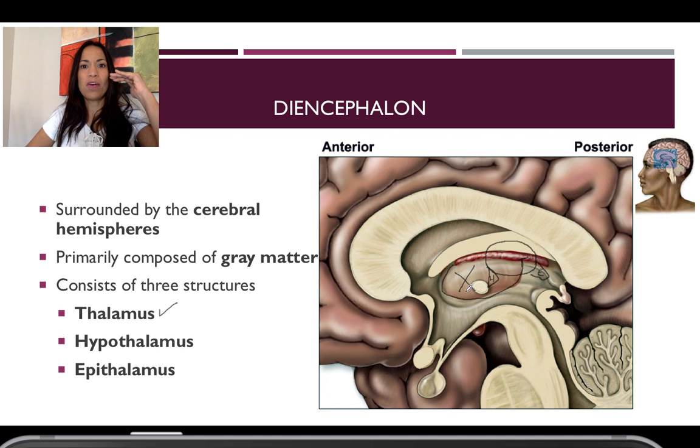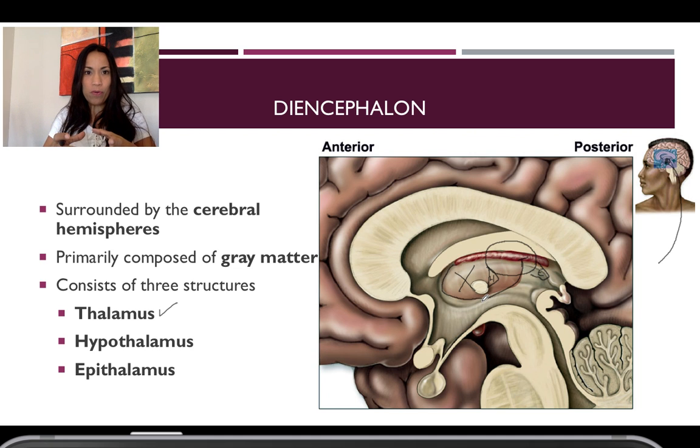So this is what we call the relay station. Okay, all the sensory information first reaches the thalamus, and not only sensory, but every piece of information that is going to reach the cerebral cortex, that we're going to be conscious about, has to pass by the thalamus. And the thalamus, the way I see it nowadays, is like a router, right?